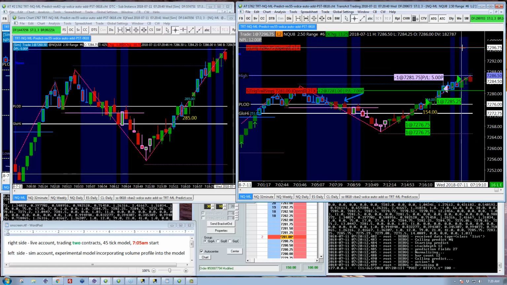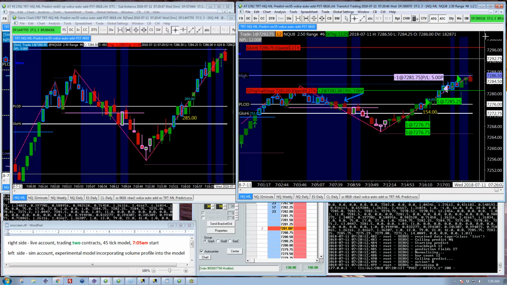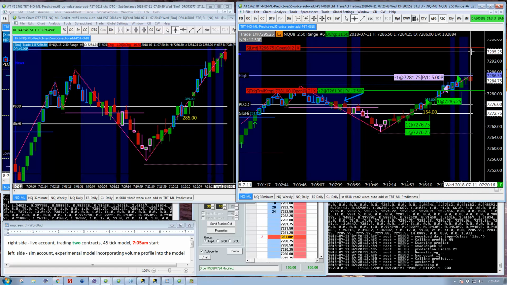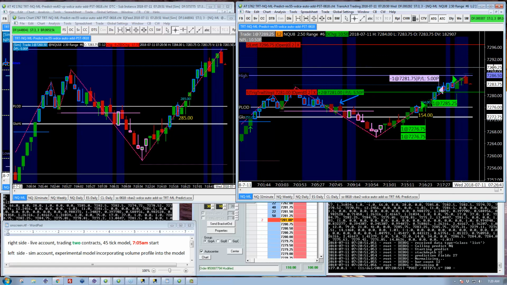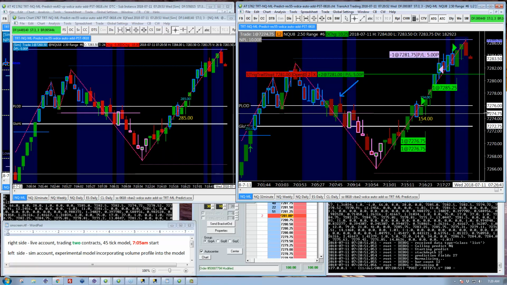So this is still at the first 80 tick target from the first entry. Curiously enough, if we add again, it will move it correctly as we expect. So just the vagaries of the Sierra Chart spreadsheet system and how it works makes that difficult.